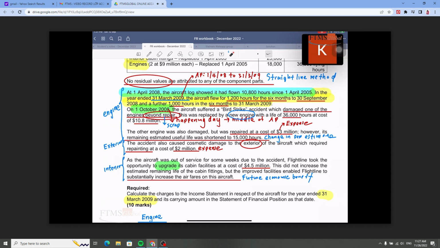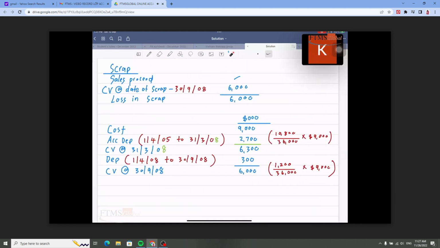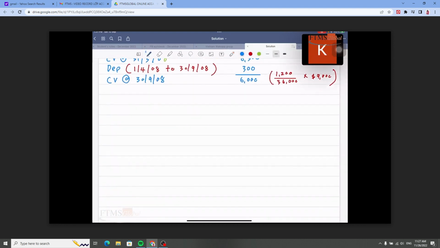Okay, so here now is change in depreciation estimate. Okay, so I put out the date for you. The date is the same, 30th September 08.